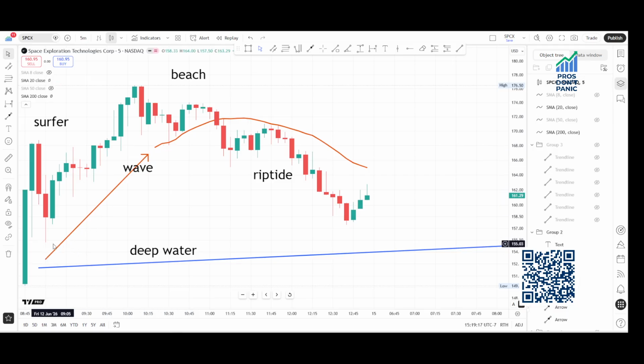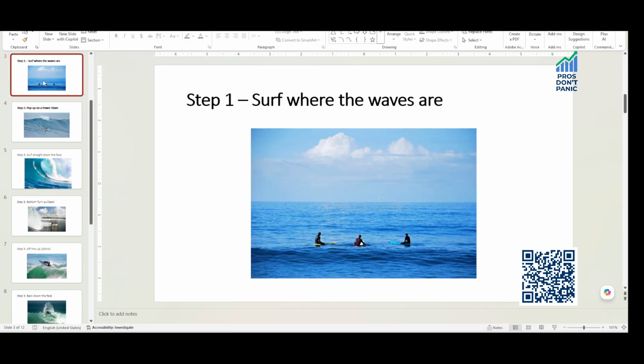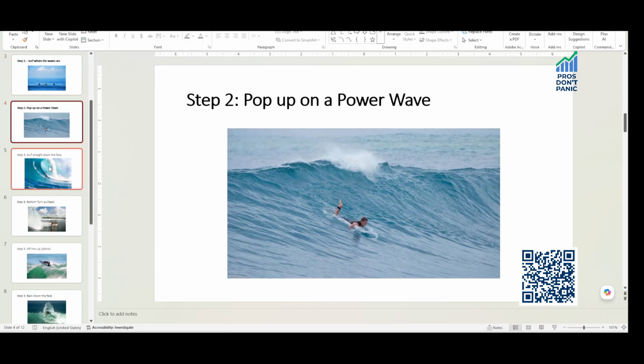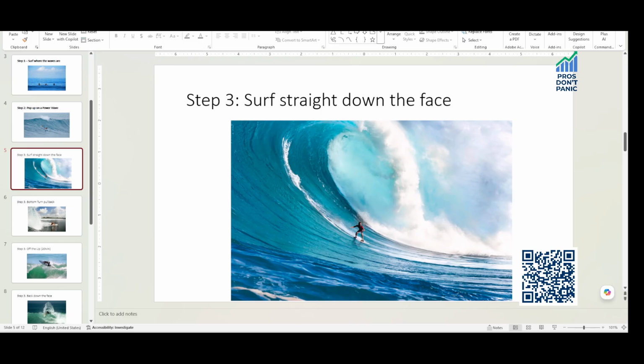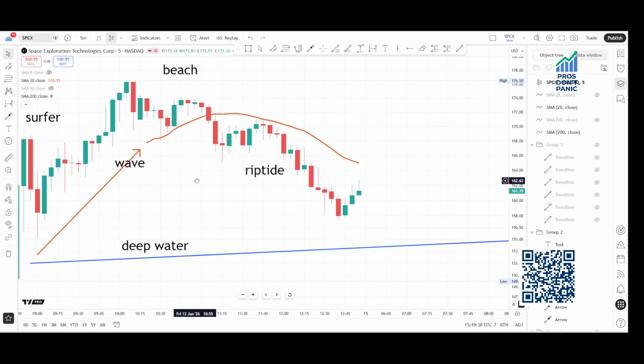That's where we enter the wave. This is where we're popping up on the wave right here. This is where we're popping up on this wave. We sit in the entry zone, we pop up on a wave, and we surf down the face of the wave. So that's this right here. We sit in the entry zone, we pop up on a strong wave, and we surf down the wave until we hit the beach, and then we riptide back.